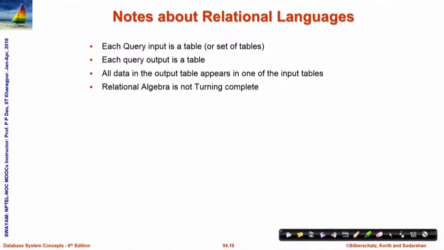Again, relational algebra is not Turing complete, in the sense that there are algorithms which cannot be coded in relational algebra. We mentioned this earlier too, and that is a foundational reason of why the commercial SQL language, which is based on relational algebra, is not Turing complete either.